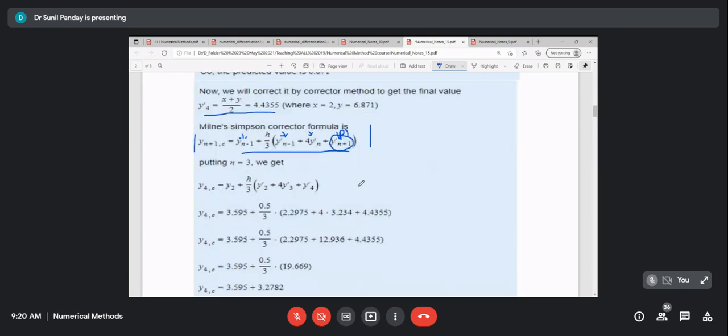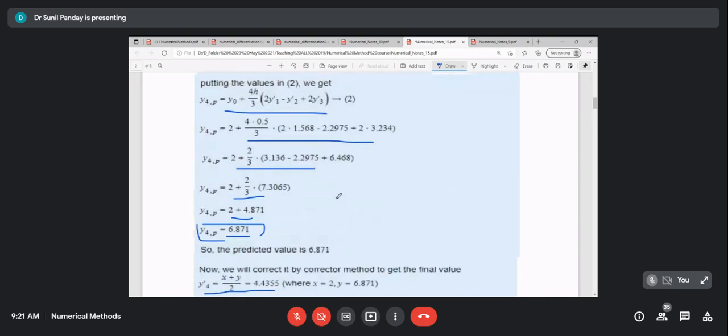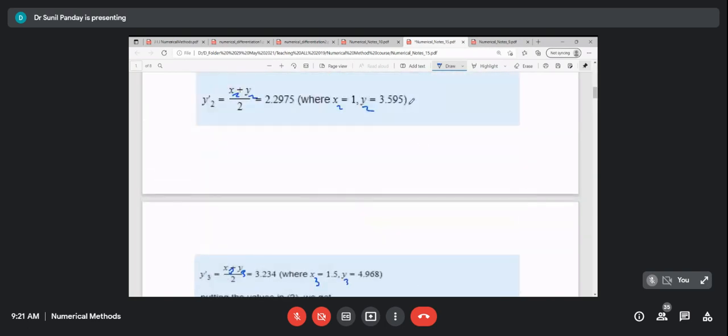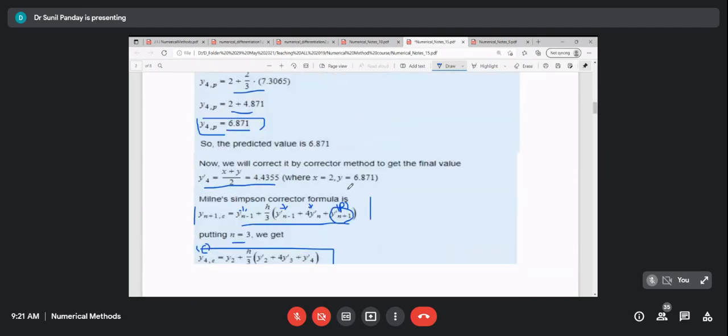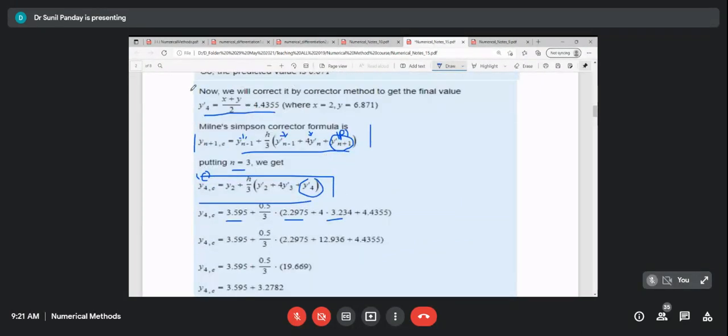So what you do, substitute again n equals 3 and you have this as your corrector formula, and then you require y2. Y2 is given in the question, 3 point this. Y2 dash you have already calculated. Y2 dash is this one, 2.2975, and then y3 dash is already calculated, and y4 dash is required, and you calculate y4 dash because this is required in the corrector step.